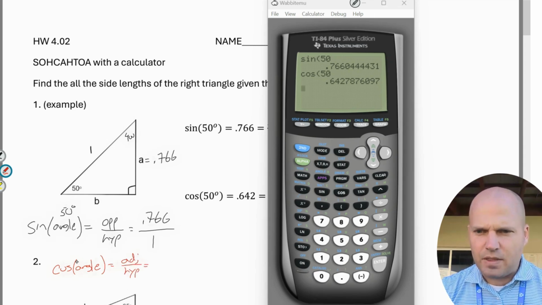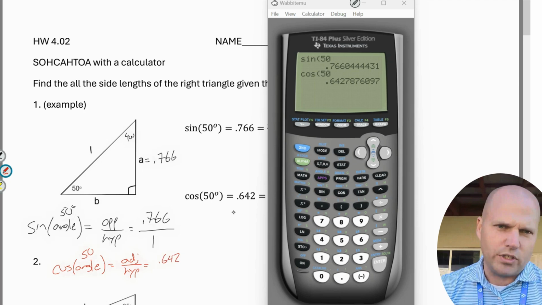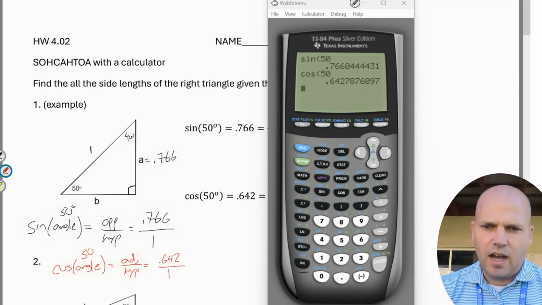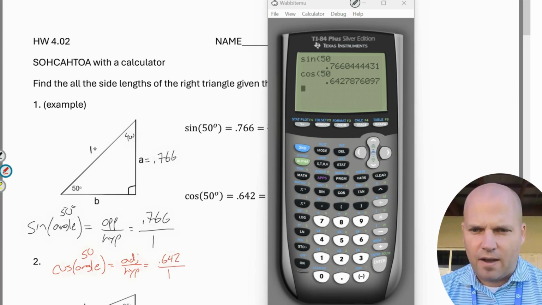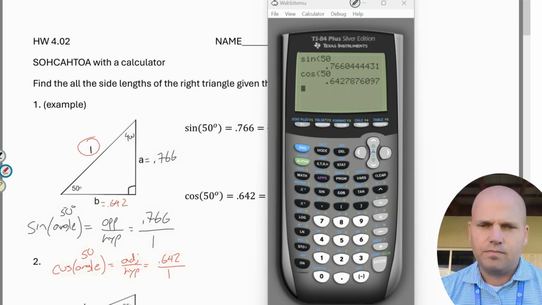If I type in the cosine of 50 degrees and I get 0.642 or 0.643, doesn't matter. We would say that if I have a hypotenuse of 1, the adjacent would be 0.642. Cool.